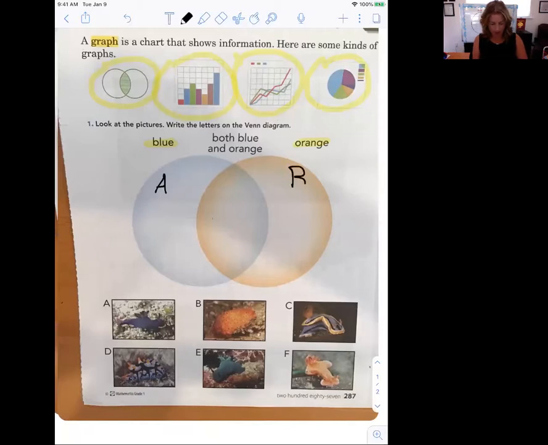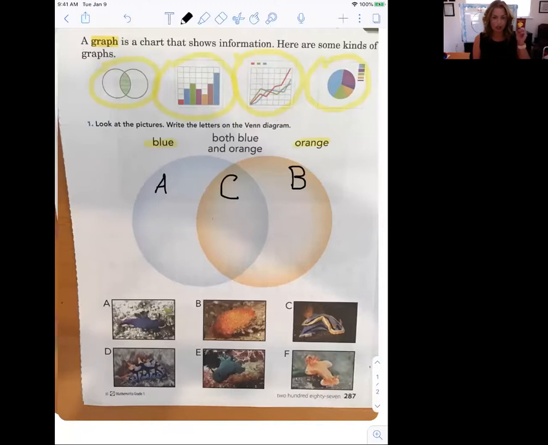Did you pick this one? Great job. How about C? Oh, look carefully. Where is C going to go? You do it first and then look up and see if you got the same answer. Oh, good. Did you write both blue and orange because you see blue and orange?